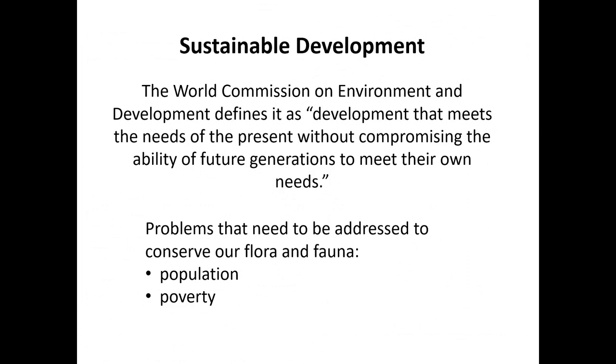Also, problems that need to be addressed are the conservation of flora and fauna, plants and animals, and population and poverty. The Earth's population just passed about 8 billion, it's estimated, a few months ago. It's expected to peak around maybe 2070 or 2080 at about 9.5 to 10 billion. It's hard to know. And then some demographers think the population actually might start to flatten or even decline in the early 21st century.